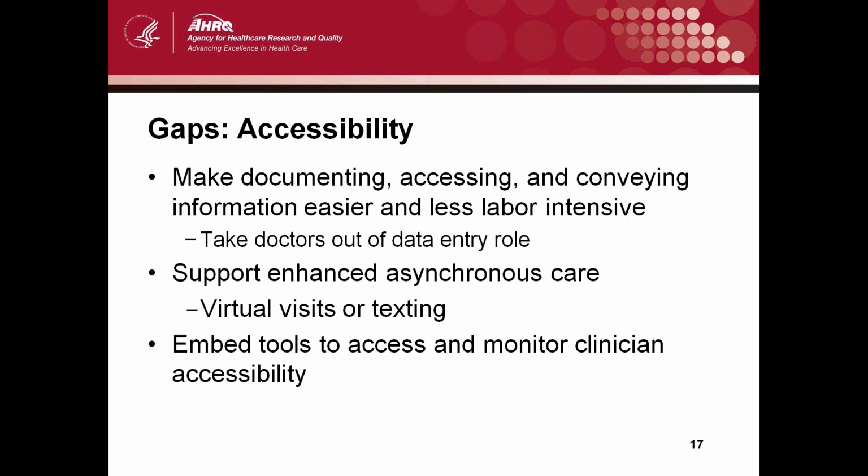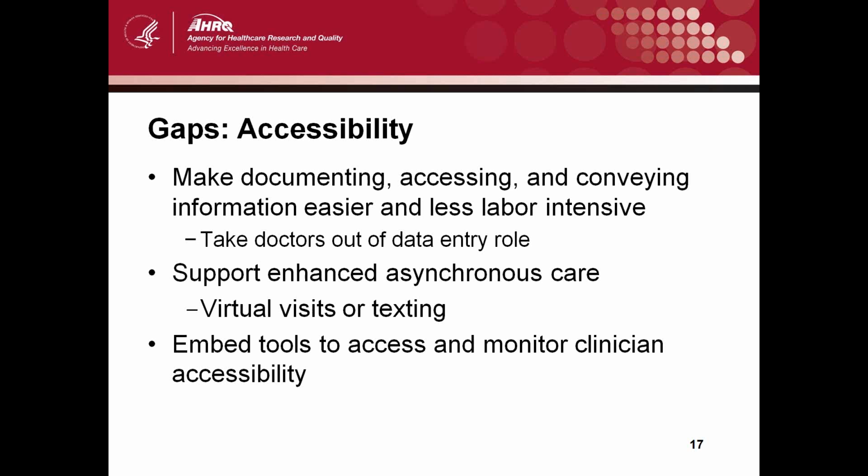Some other things came up as well, such as supporting enhanced asynchronous care. Secure messaging is one of the meaningful use objectives, and that's a great start in this process. But to support accessibility on another level, everyone felt like there were opportunities for virtual visits, for texting, for really promoting care outside of traditional office visits.